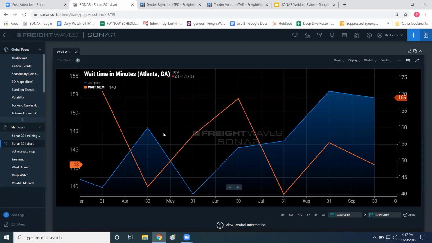It's kind of the probability of your driver sitting for quite some time, and of course detention is very difficult to collect in many instances unless the shipper signs the bills in times and out times, but still collecting detention is very difficult. So this lets you know on a market basis whether wait times are increasing or decreasing.